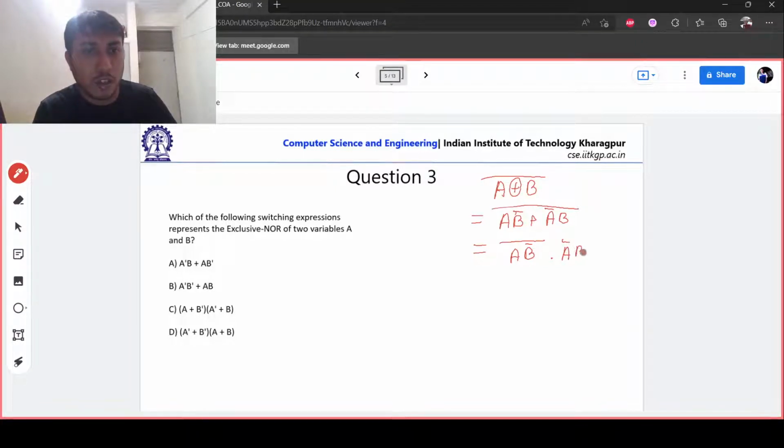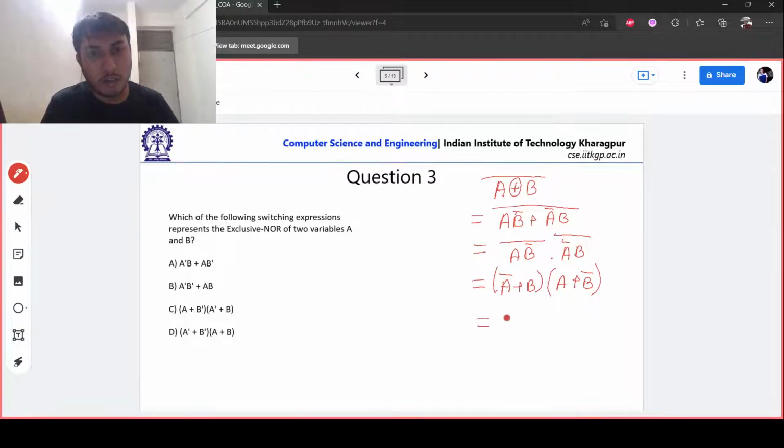This becomes (A bar plus B) times (A plus B bar), using the same law.